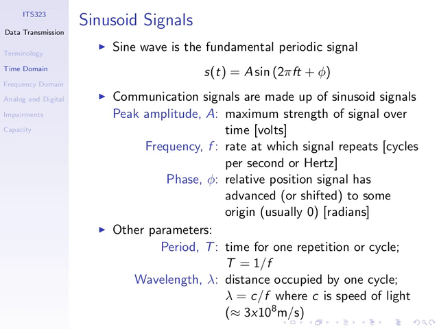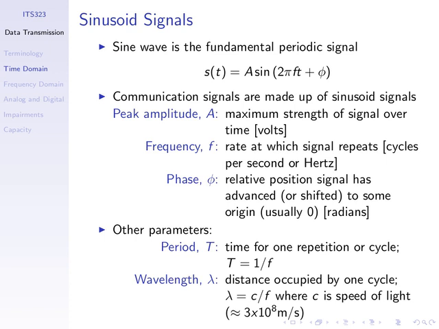Most of the communication signals that we deal with, if we want to look at them in a mathematical form, we can treat them as sine waves or some combination of sine waves, a sinusoid signal. So that's the fundamental periodic signal that we deal with. Here's the equation. The signal intensity S as a function of time, so this is a function where S represents the strength or the signal intensity, the height, and t, time.